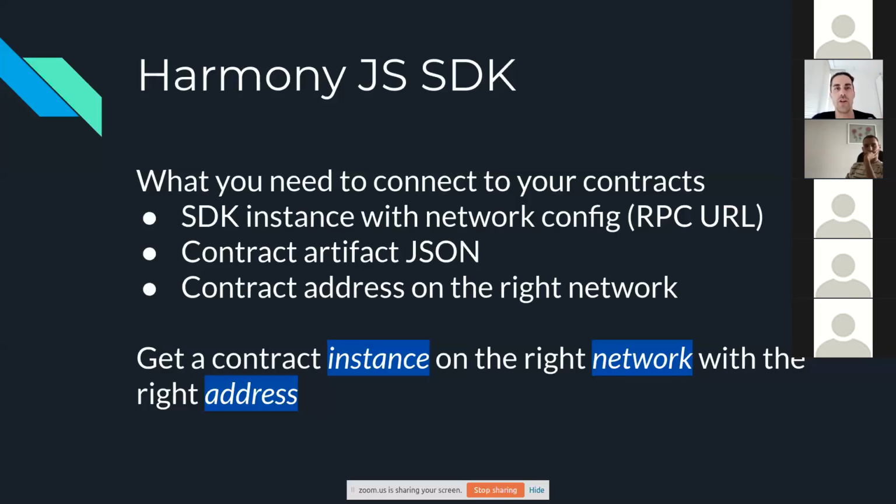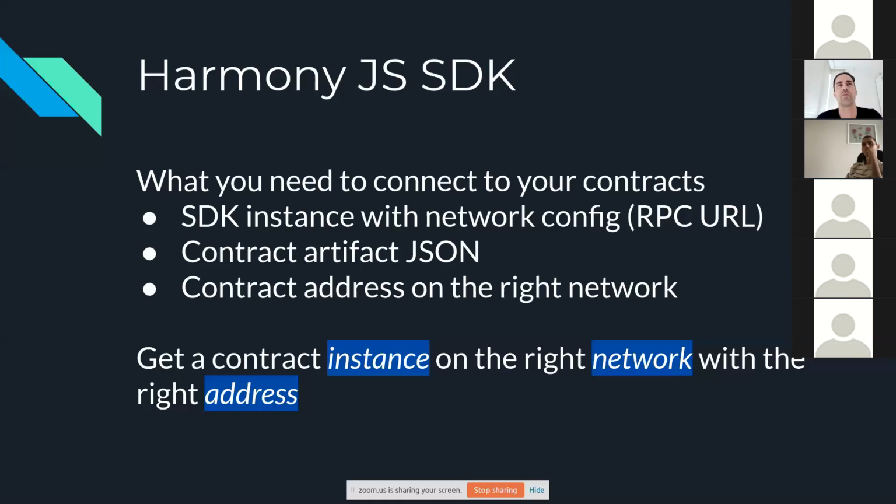So which network are you connected to? Is it local? Is it mainnet? Is it testnet? And then you need the right address of the contract, right? You typically can't get the right instance without the right address. But it's these three pieces that come together to give you that instance.